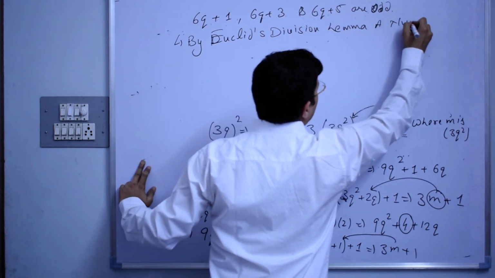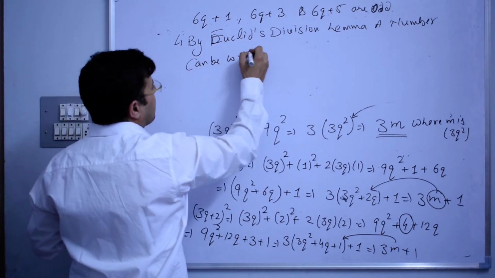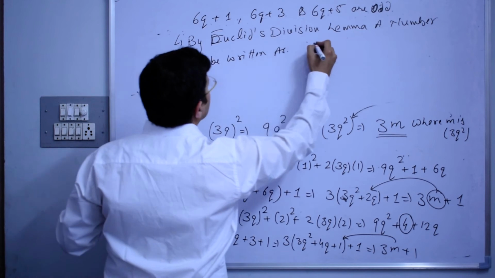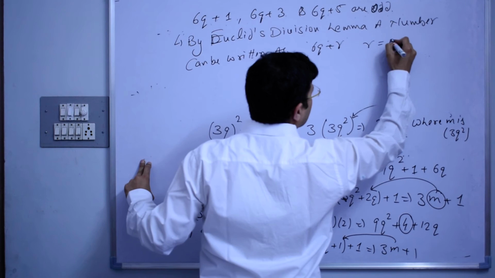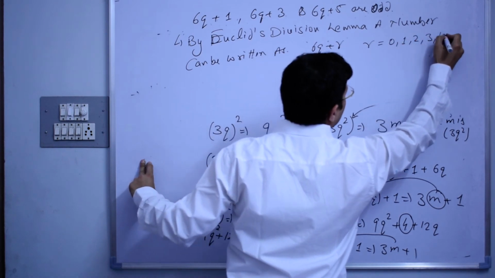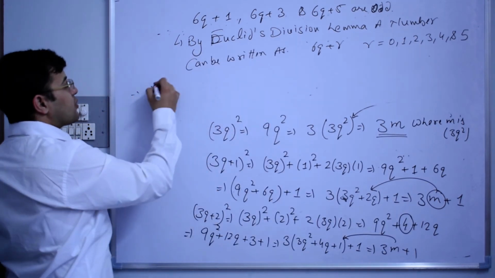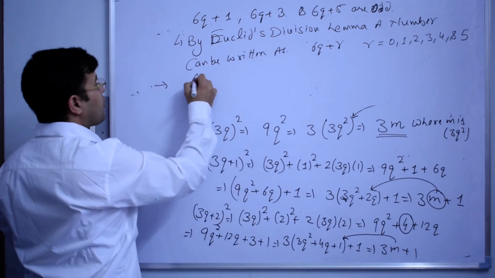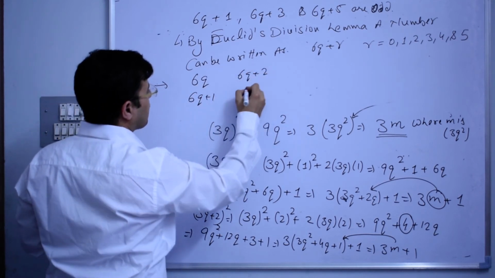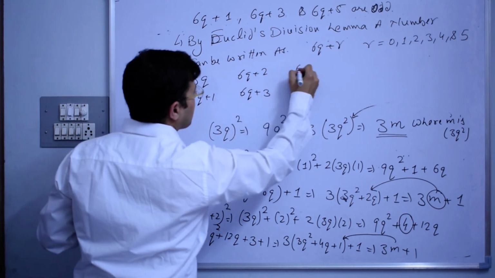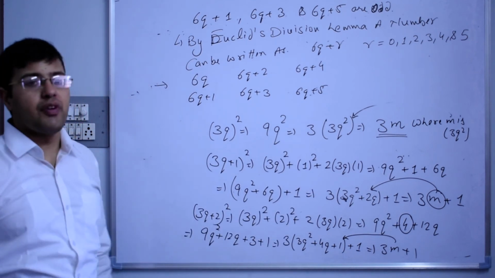A number can be written as 6q plus r, where r can have possible values as 0, 1, 2, 3, 4 and 5. So the number can be written in the form of 6q, 6q plus 1, 6q plus 2, 6q plus 3, 6q plus 4 and 6q plus 5.